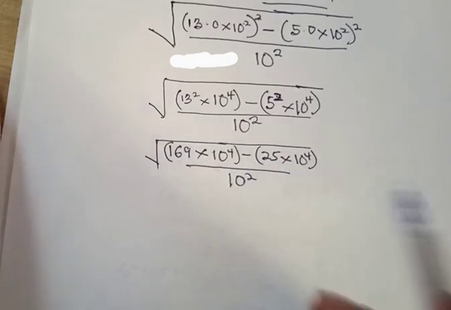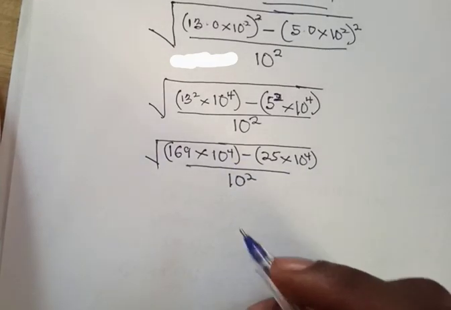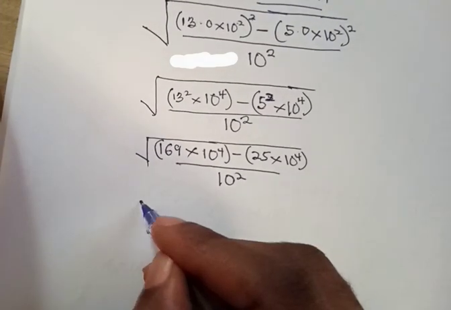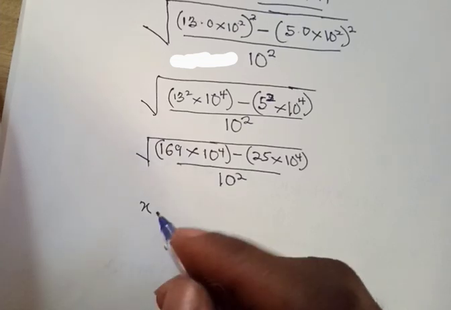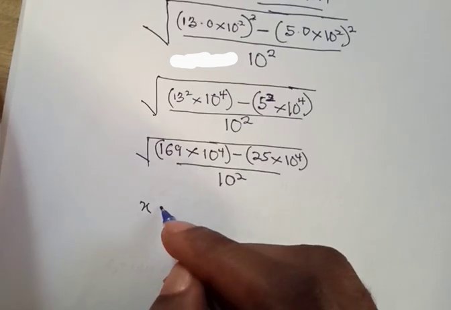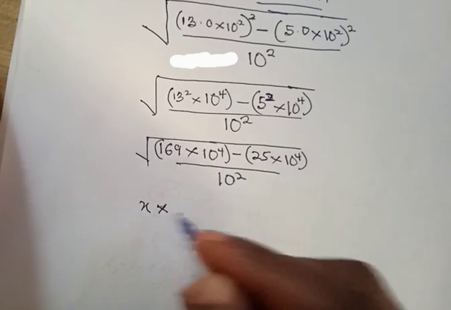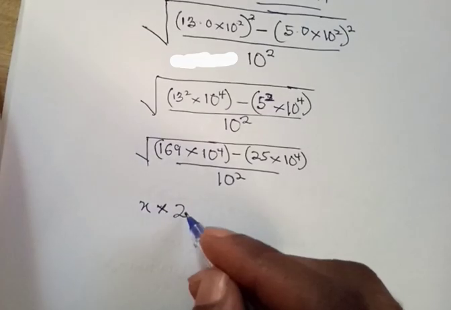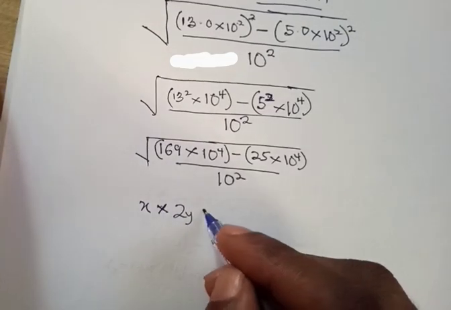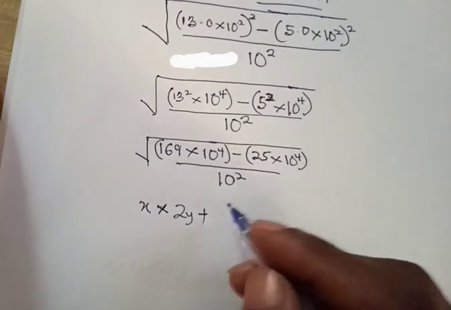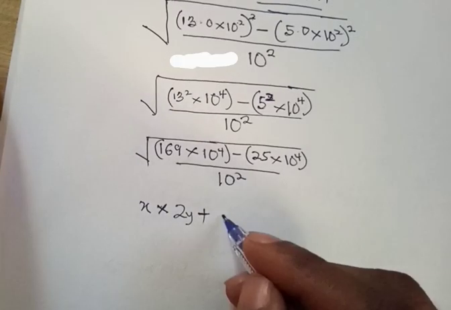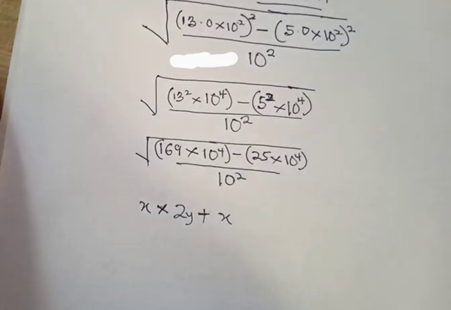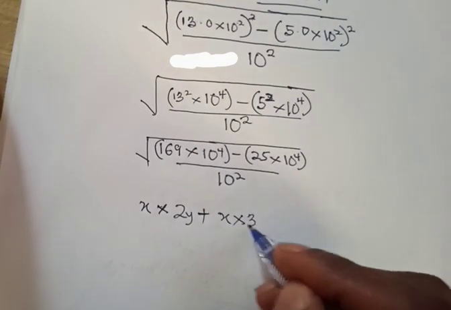Now looking at this, let's look at some example here. Let's say if I give you x times 2y plus, let's say x times 3.